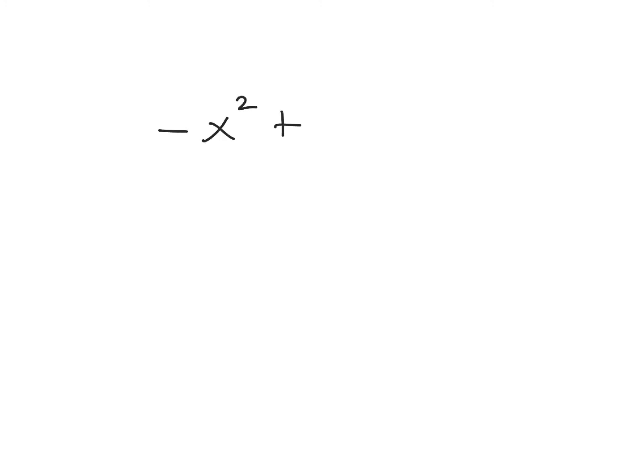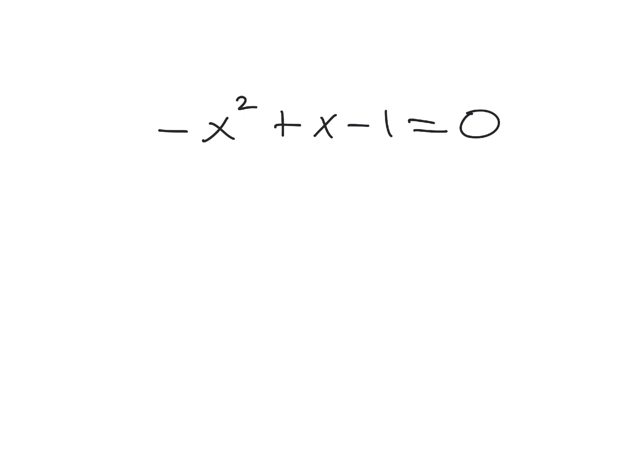Negative x squared plus x minus 1 equals 0. If they're only asking you for real solutions, if you get a negative number under the radical or the square root when you do that last step, then you say no solution. In section, I believe it's 1.5, we're going to learn how to find negative square roots.